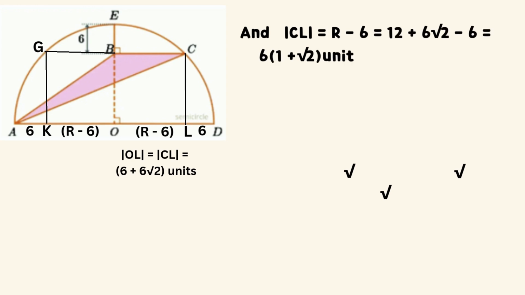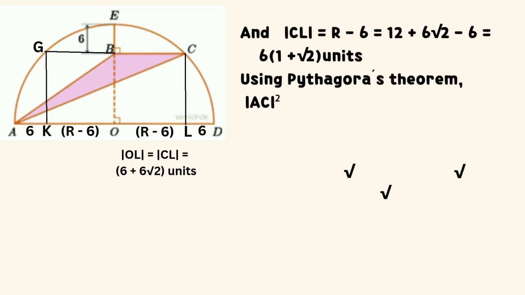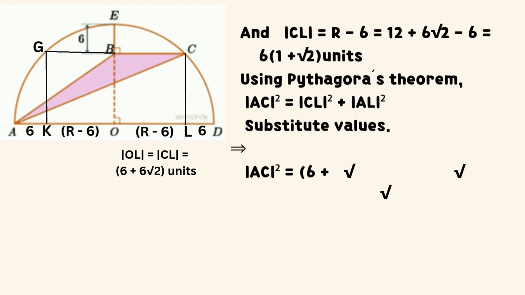And line CL equals R minus 6, which equals the sum of 12 and 6 times the square root of 2, minus 6. The result is equal to the product of 6 and the sum of 1 and the square root of 2, in units.